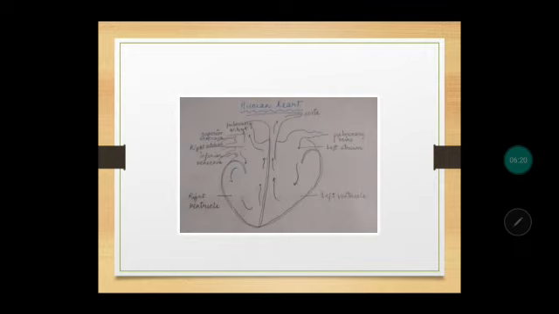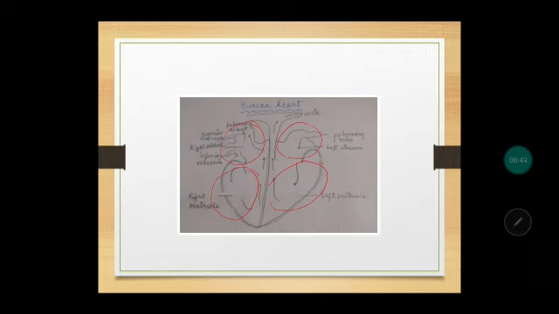Now here you can see the 4 compartments which I was talking about. This is the auricle, or atrium, and these are ventricles. This is the left part of the heart, and this is the right part of the heart.